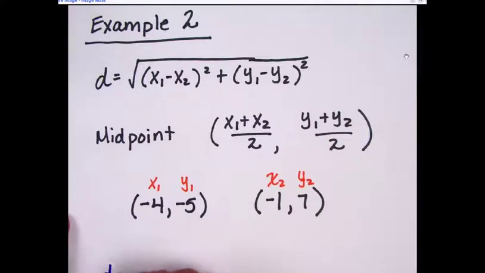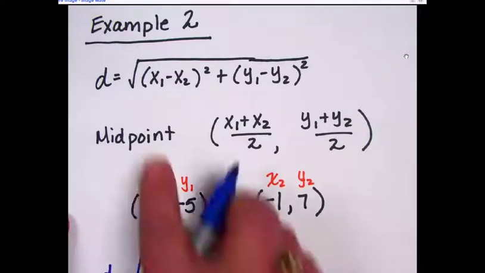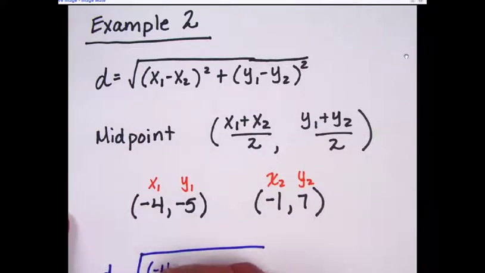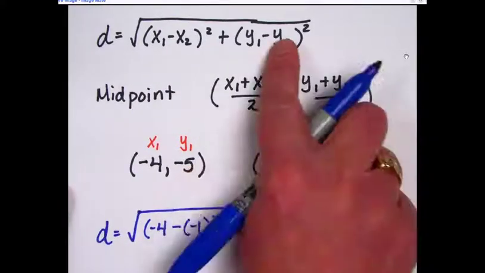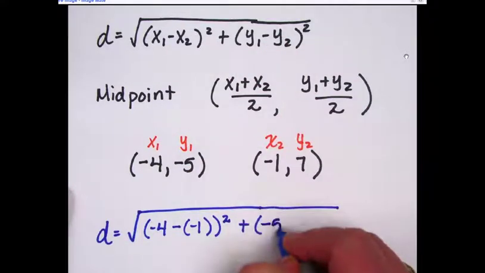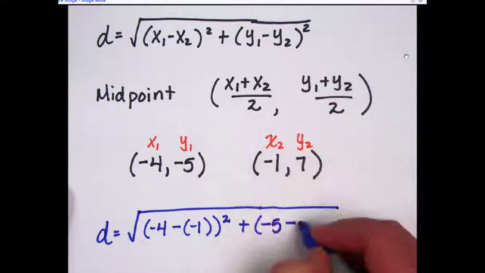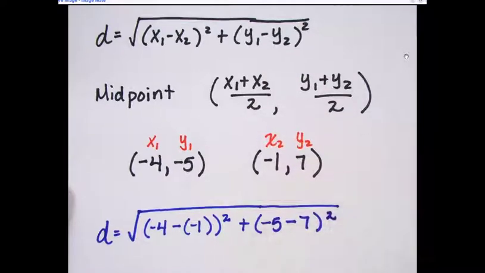So for my distance, I'm going to have the square root of x1, which is negative 4, minus x2, minus a minus 1, and don't forget that entire thing needs to be squared. I'm going to add to that y1 minus y2. Don't forget that needs to be squared.